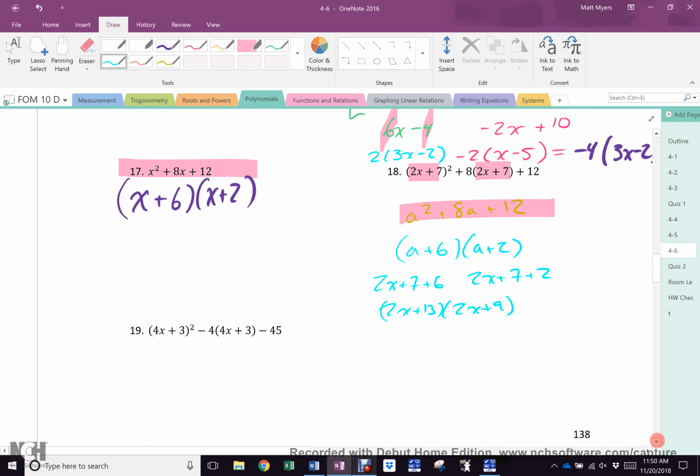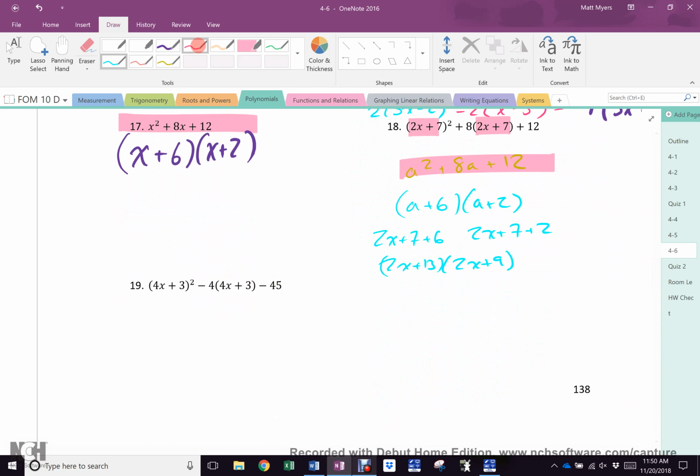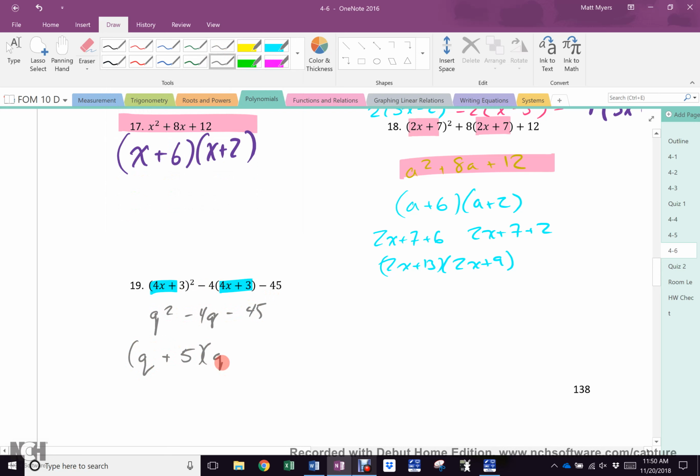Yeah. And then this one, oh, so scary. Oh, I don't know what I'm ever going to do, except I notice that those are exactly the same thing. So that's q squared minus 4q minus 45, which is, of course, q plus 5 and q minus 9. But there is no q.